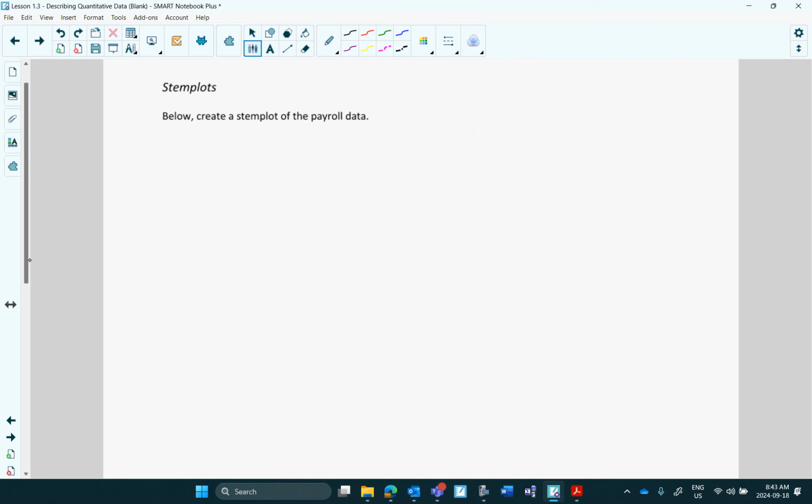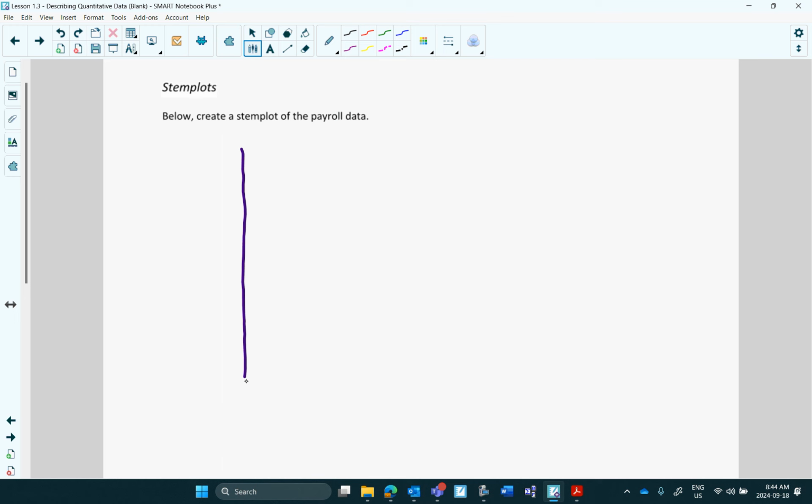Stem plot. How do we do a stem plot? Well, what we do is draw a vertical segment that separates the units digit of each data value from the rest of the place values. For example, we usually go lowest to highest, and the lowest payroll is 34 million.